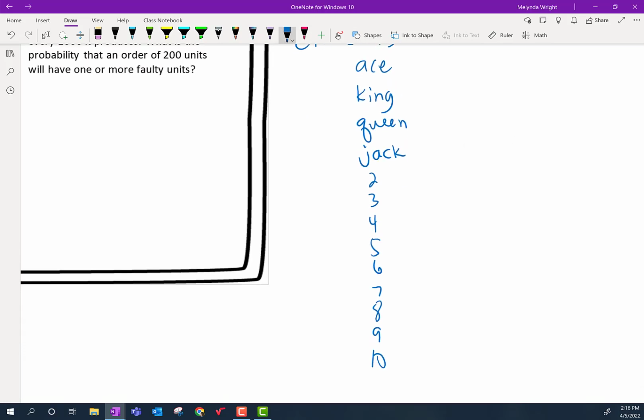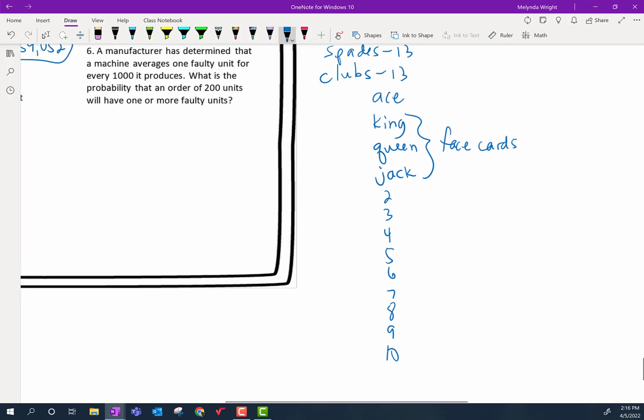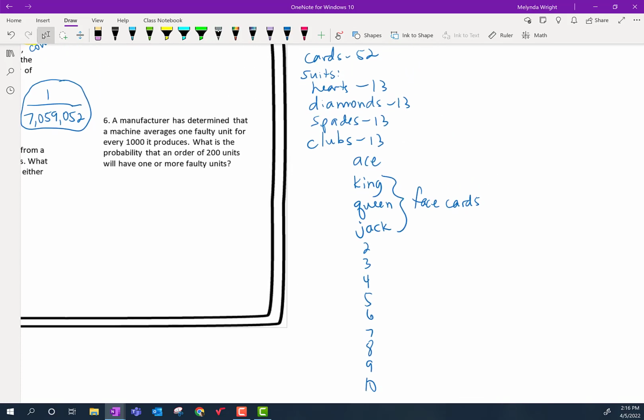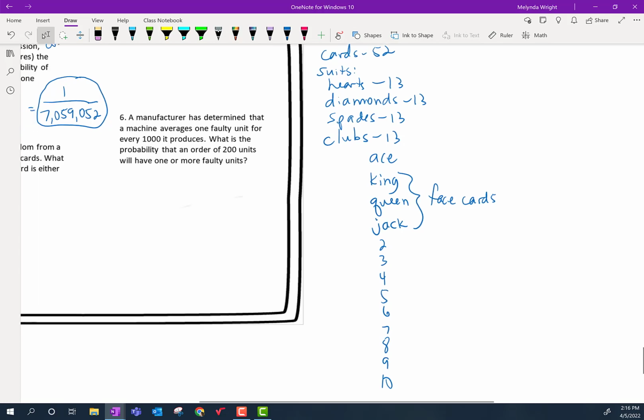Okay, these 3 cards are called face cards. Sometimes they'll ask you the probability of having a face card. So it's important to know that 3 out of each suit are called face cards. So that's just something to know, in case you didn't already know. You probably already know all about that, but I just wanted to list that out.